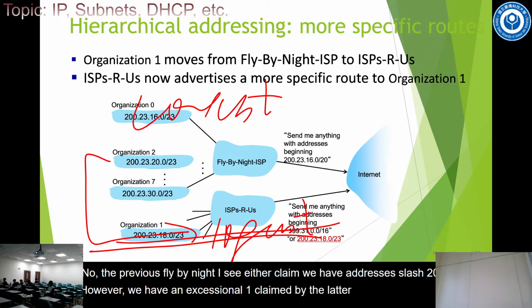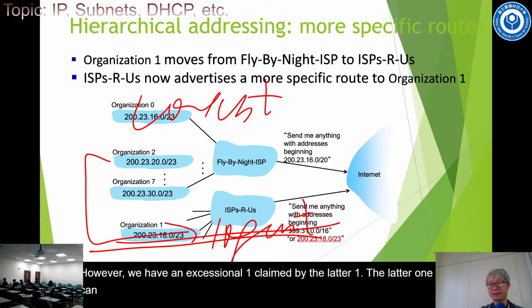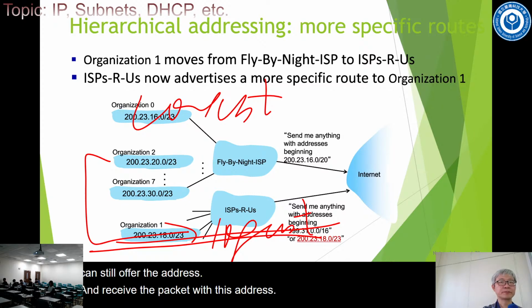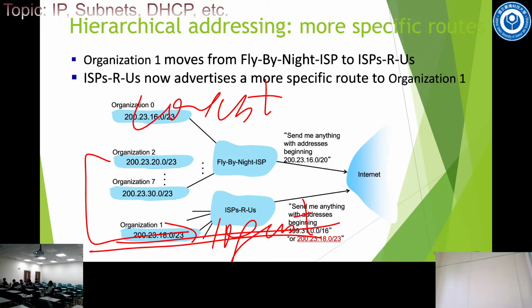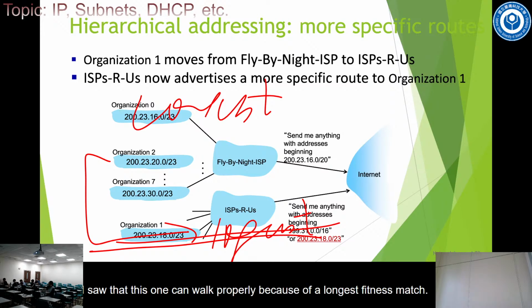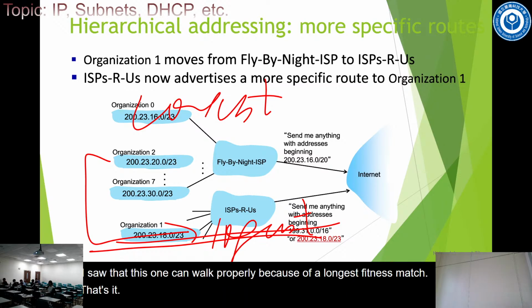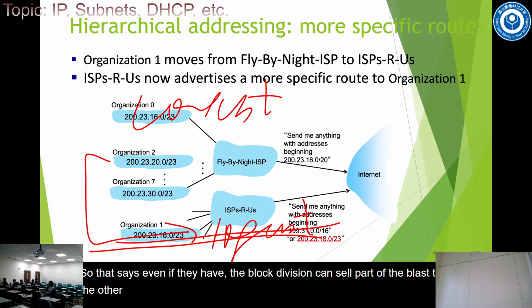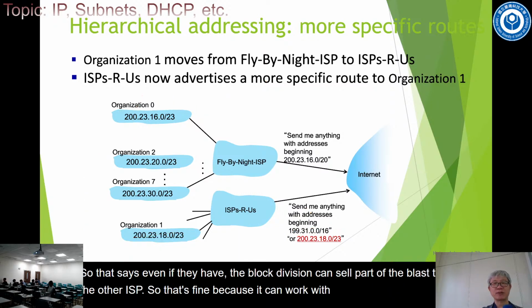The later one can still have the address and receive packets with this address. This can work properly because of longest prefix matching. So even with the block division, we can still sell part of the blocks to another ISP, because it works with longest prefix matching.